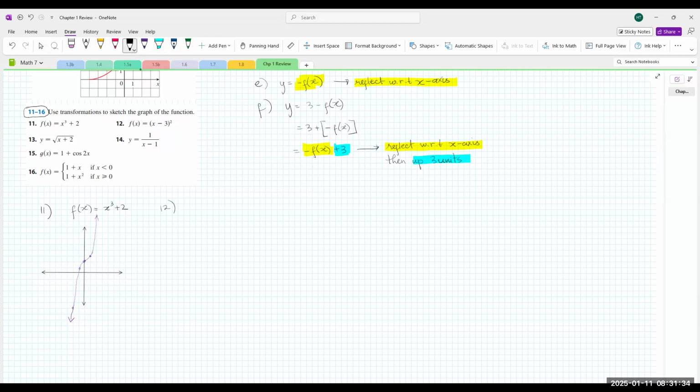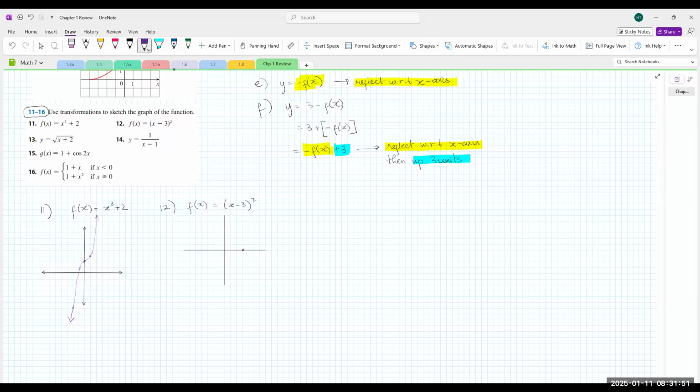Number 12, f of x equals x minus 3 squared. This is the graph of x squared. Move to the right 3 units.